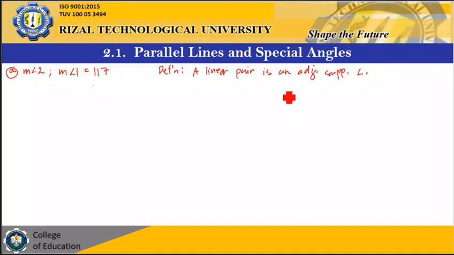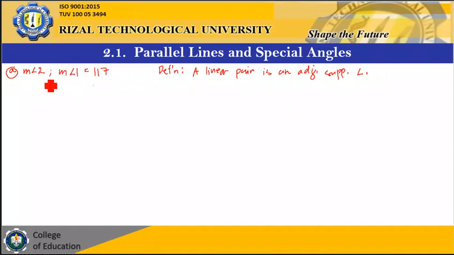Okay, so based on this definition, since a linear pair is an adjacent angle, we know that angle 1 and angle 2 must share a common side. That is what we discussed in the previous chapter. And since a linear pair is also a supplementary angle, then we say that their sum must be equal to 180.